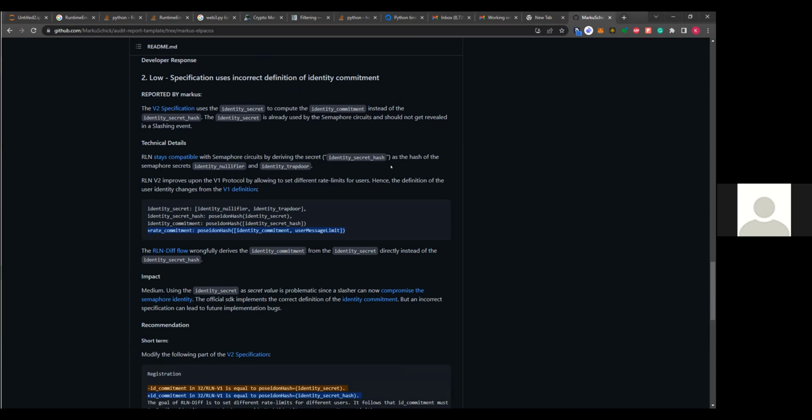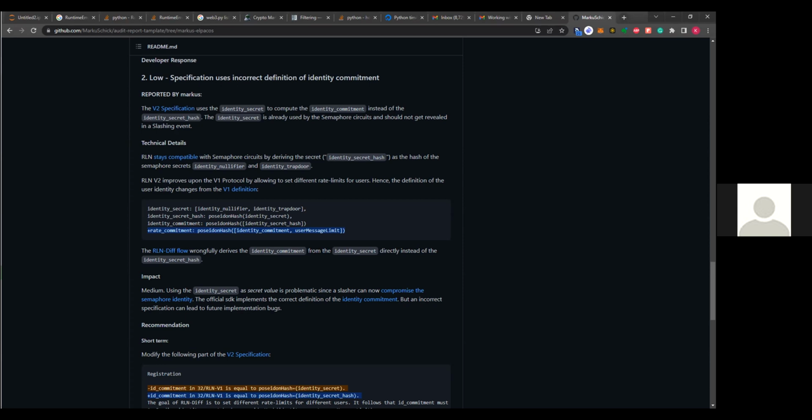To get to more technical details, RLN tries to stay compatible with Semaphore, and they do that by reusing the secret generated for Semaphore. More specifically, these two secrets, the identity nullifier and the identity trapdoor, RLN combines into this identity secret and then takes the hash.